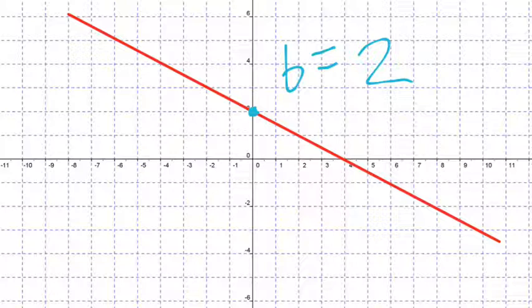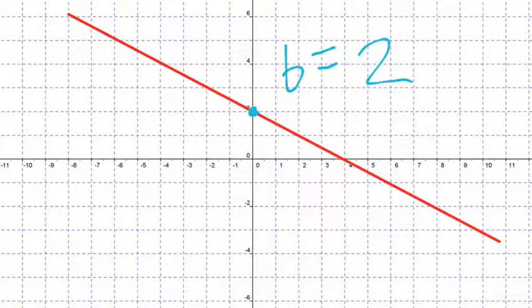Okay, so you ready for the practice problems? Yep, that's the y-intercept. That is how you find the y-intercept, aka the b, visually.